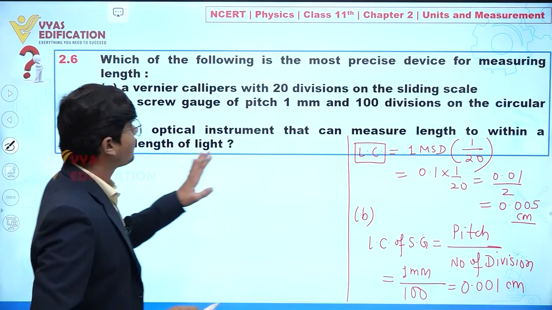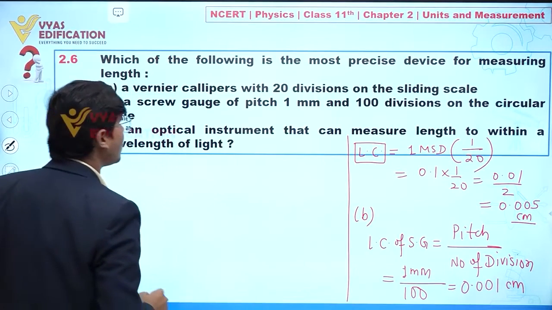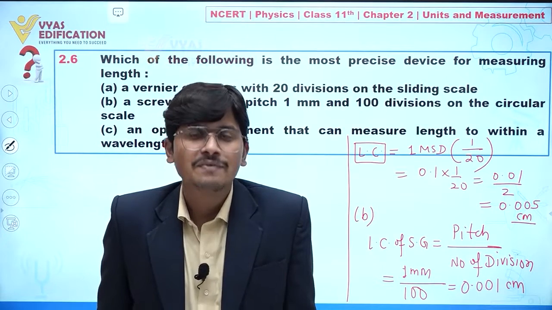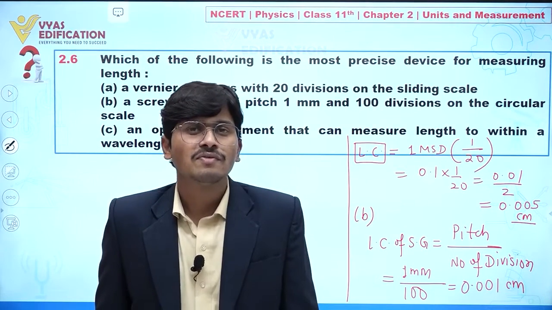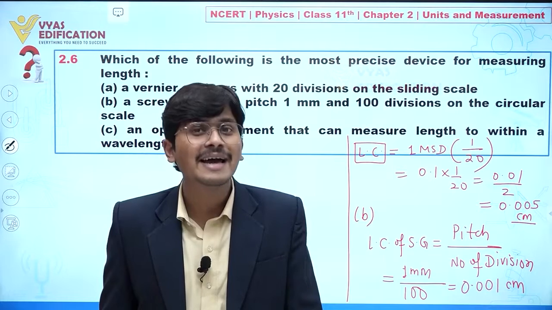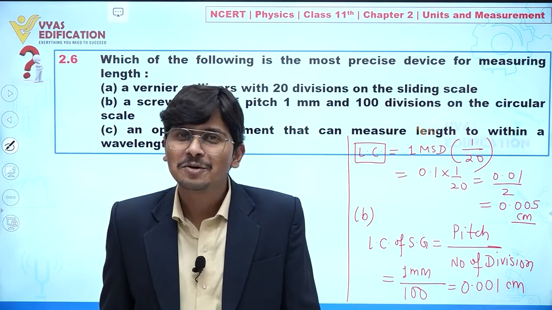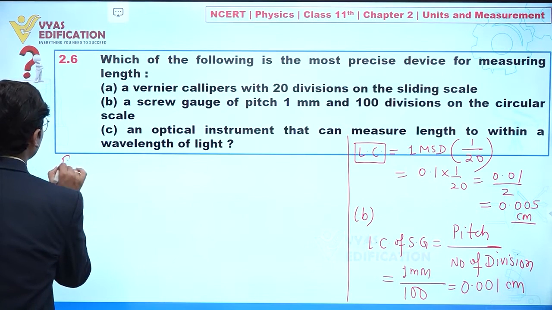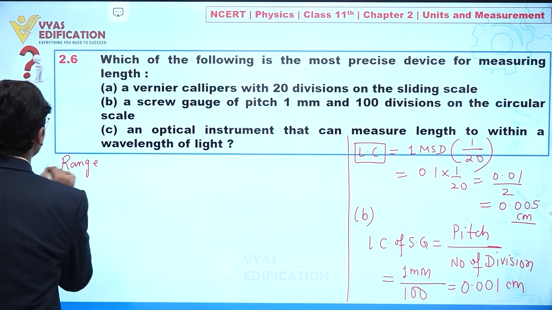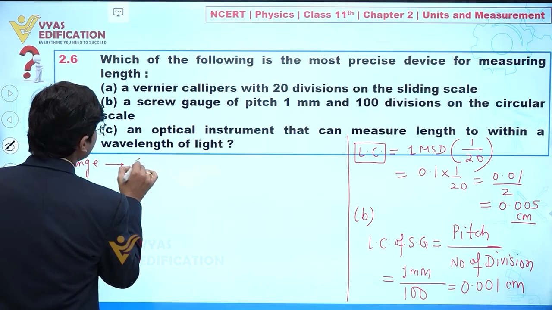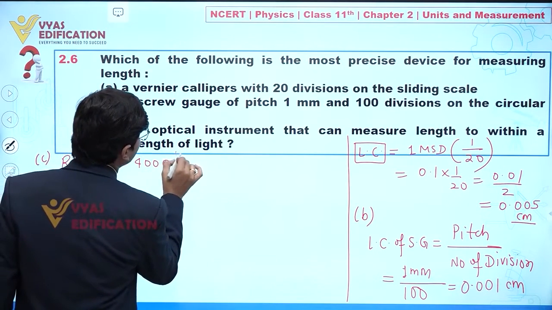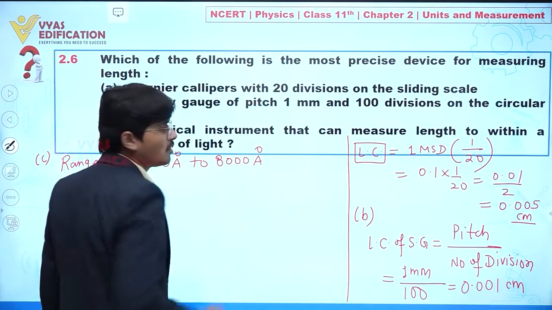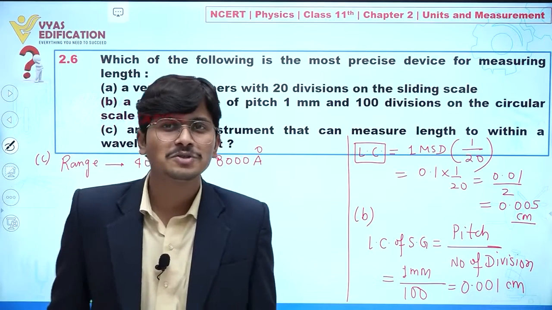an optical instrument can measure length to within a wavelength of light. If we talk about the visible range, the wavelength is from 4000 angstrom to about 8000 angstrom, or if you follow NCERT, 7500 angstrom.